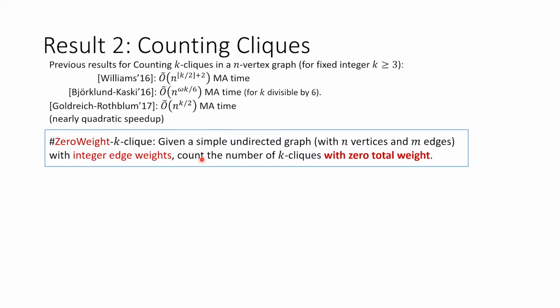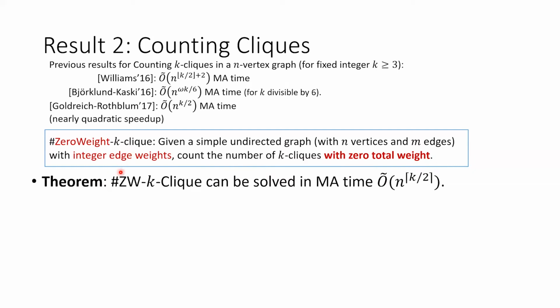Here, the input graph has integer edge weights, and we want to count the number of k-cliques with 0 total weight. The best known algorithm for this problem roughly takes n to the k time. And here we show that this problem can be solved in MA time n to the ceiling of k over 2.